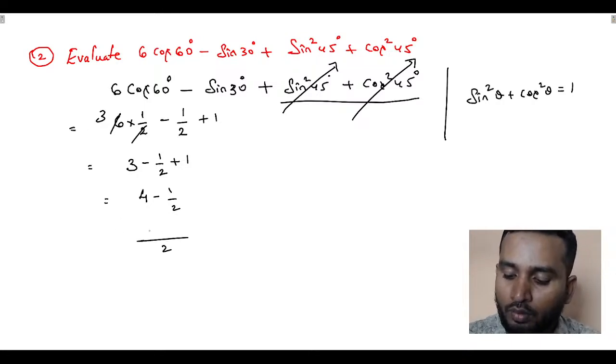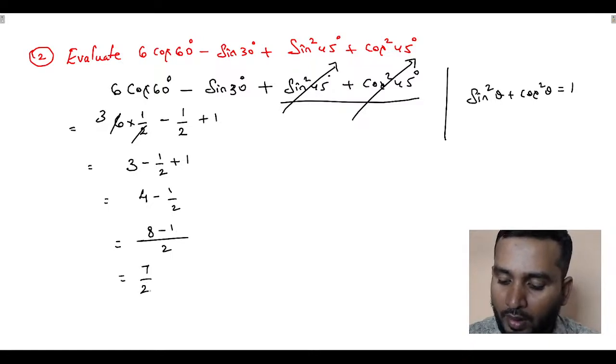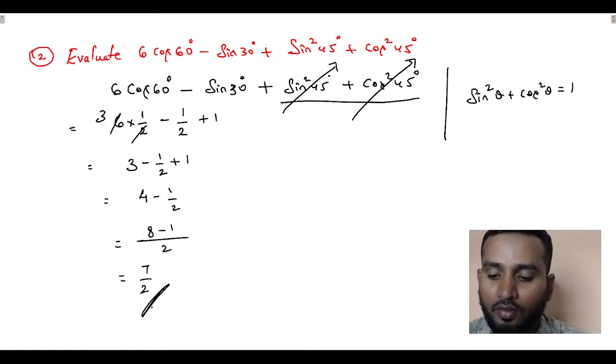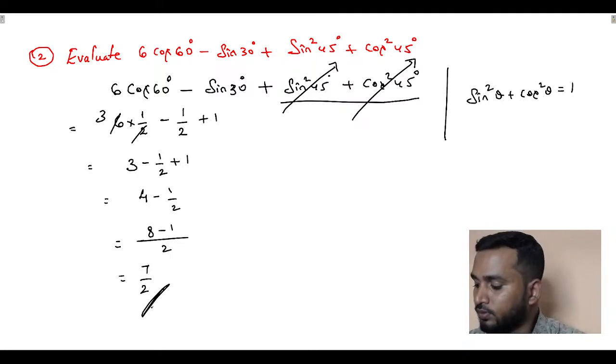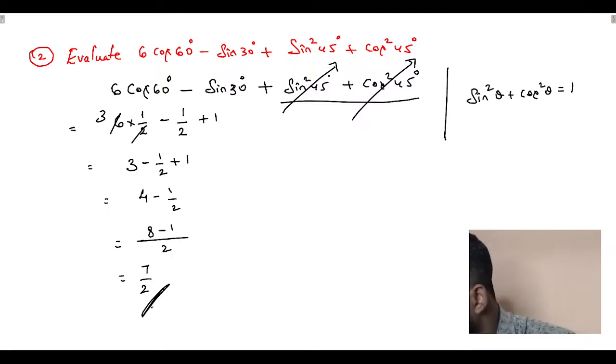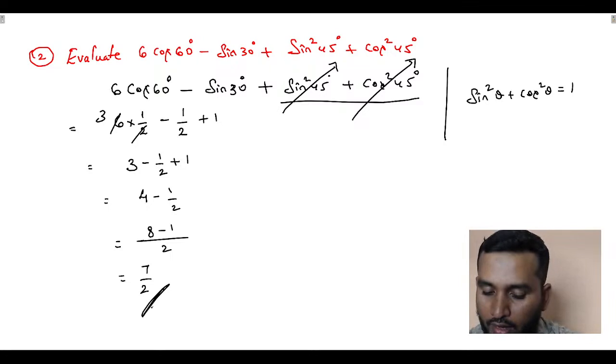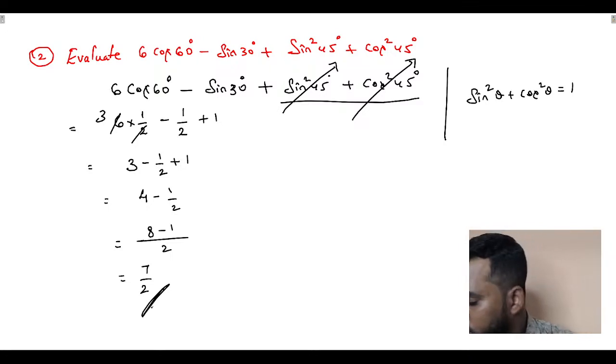Now, 2 is the LCM, 2 4s are 8 minus 1, that is 7 by 2. So, the final answer is 7 by 2. Niza Fatima, the answer is not 3. The solution for this question is 7 by 2.